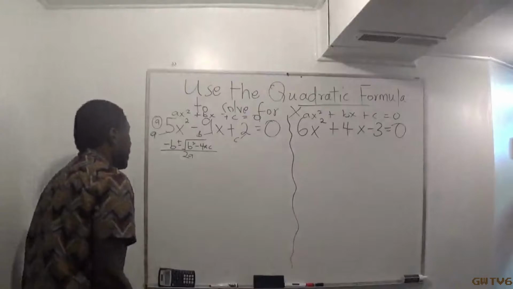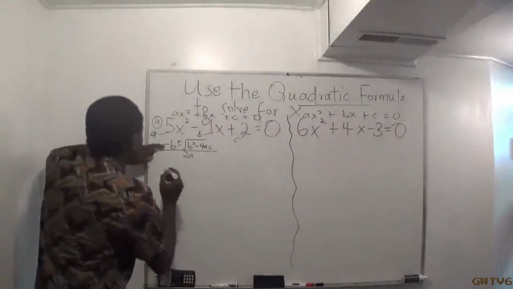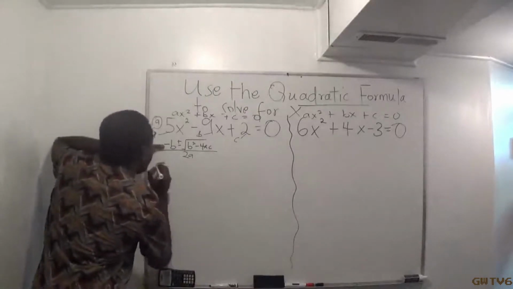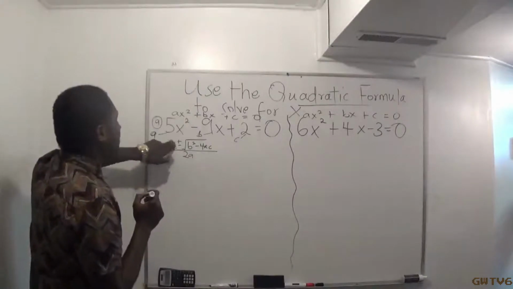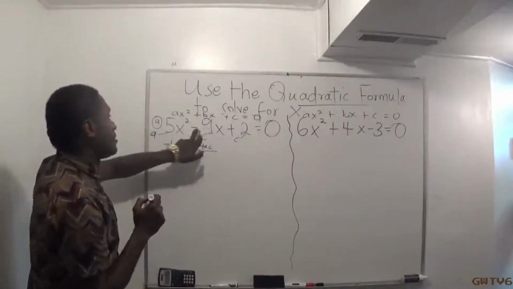This is what I'm going to do right here. So negative b comes first. What is my b? b is negative 9.